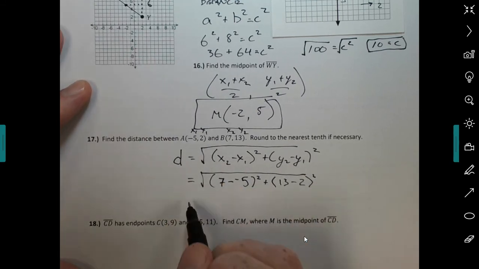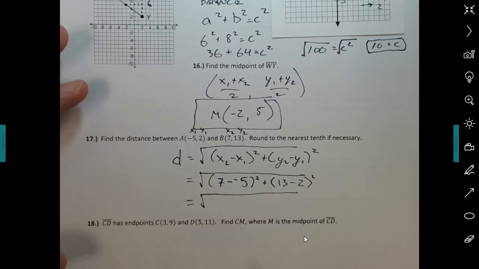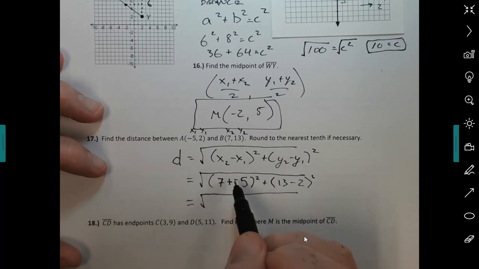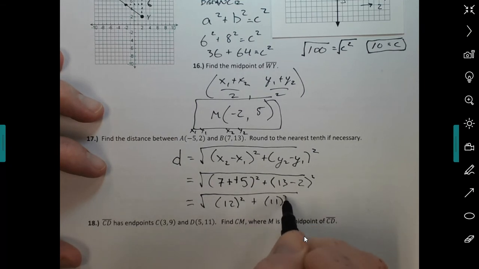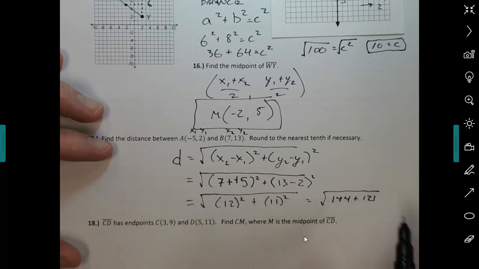So it's a lot more possibility for small mistakes here, but you can stay resilient. You can get the answer just the same as we did with the Pythagorean theorem. If I'm subtracting a negative, those are going to cancel each other out. 7 plus 5 happens to be 12. 13 minus 2 is 11. I need to square those. Square root of 144 plus 121.